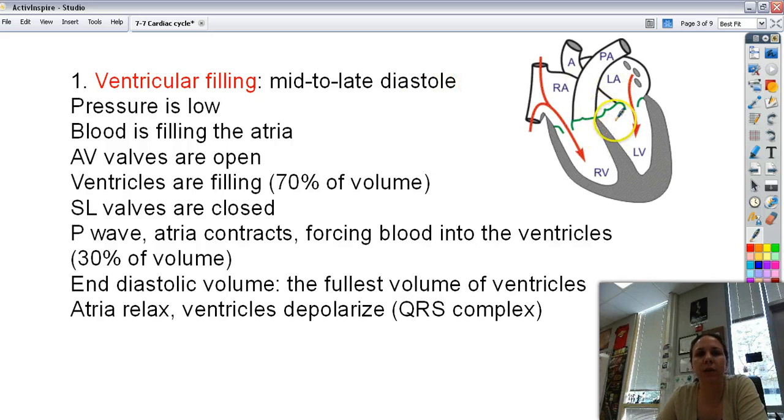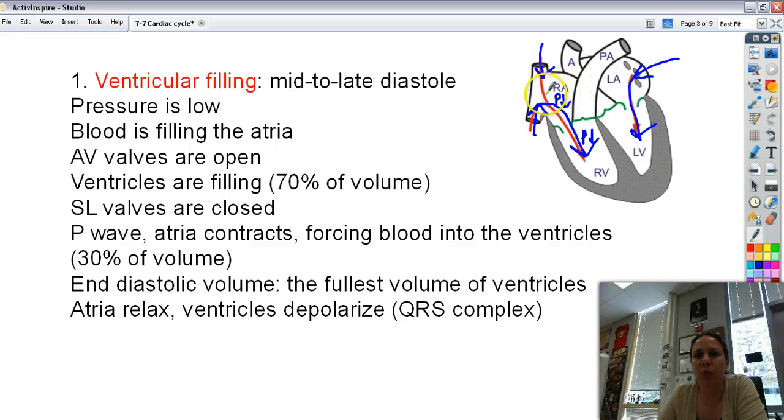So this is when the pressure is pretty low, inside of here there's low pressure, inside of here the pressure is low. The blood is filling in the atria, coming in here, and then also coming from the lungs here. The AV valves are open, which allows the blood to just naturally flow directly into the ventricles.